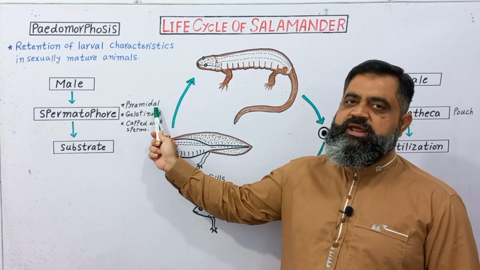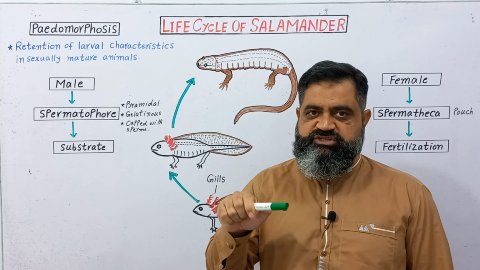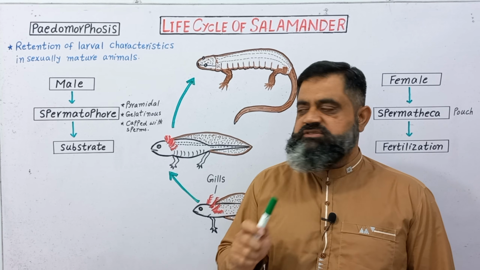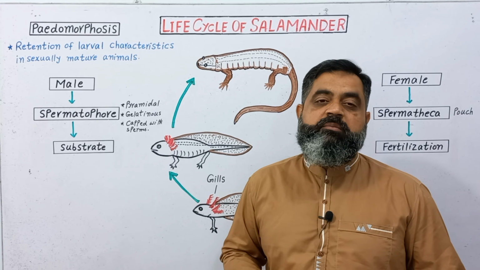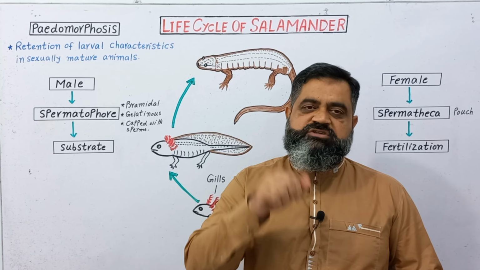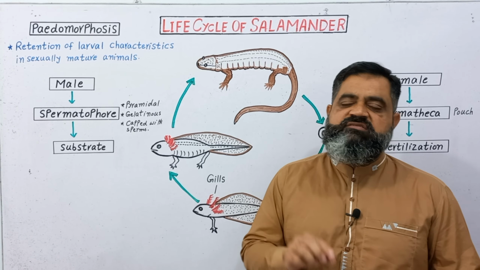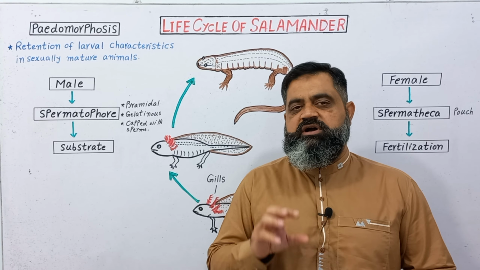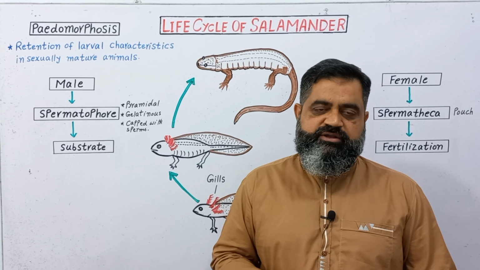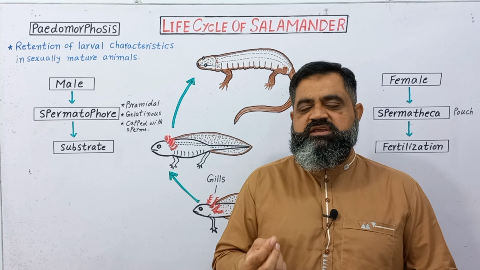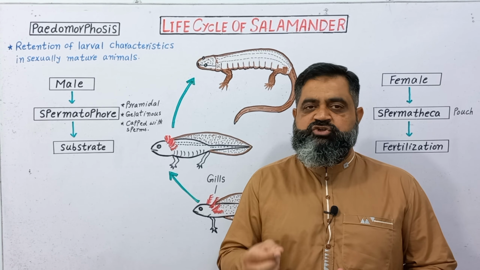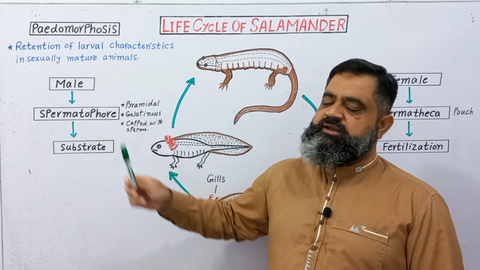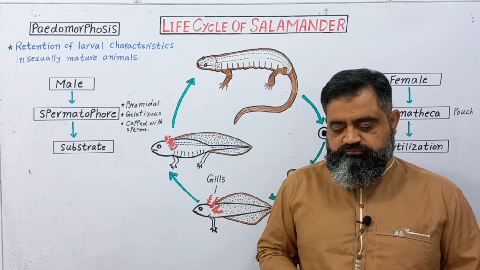Spermatophores are pyramidal, with a triangular shape, gelatinous, with a sticky appearance, and they are capped with sperms. There is a cap on the surface of this spermatophore which is filled with sperms. Usually these spermatophores are attached to some substratum. It can be a leaf or any branch or a stone present in the water. So after that, male goes away.